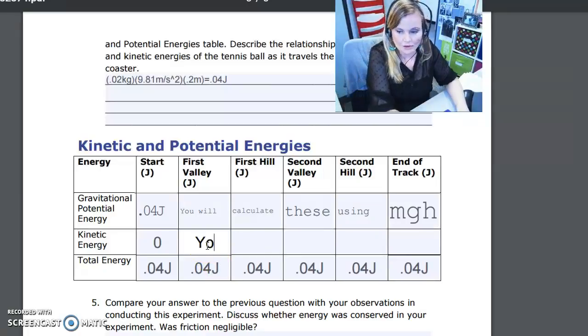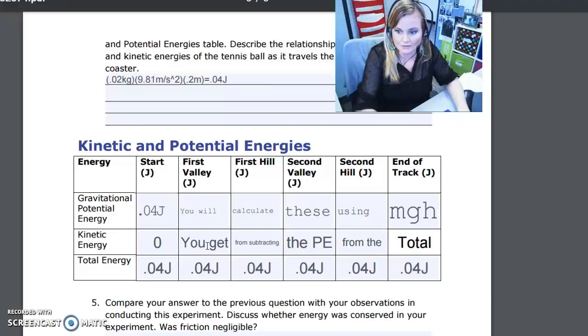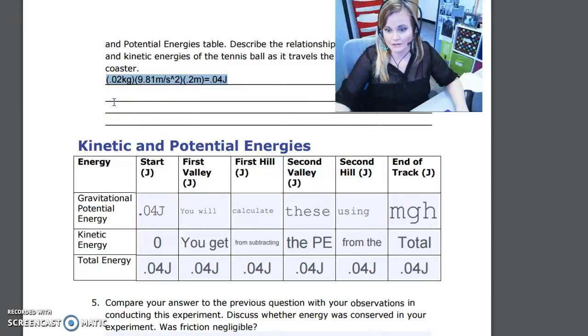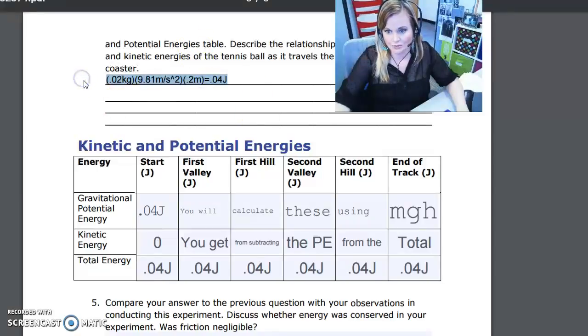These you get from subtracting the potential energy from the total, okay? So the 0.04 joules that I have as total energy, that's what I got because these are my numbers. Your numbers might vary, so you might get a different total energy. I do want to see this calculation, so please put that up on your question here.